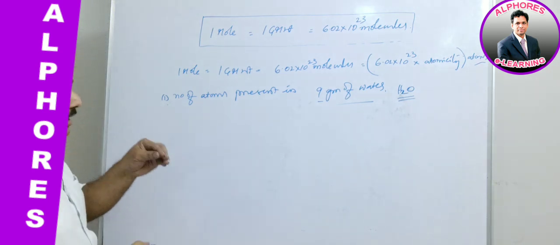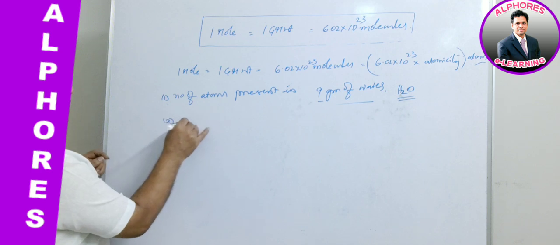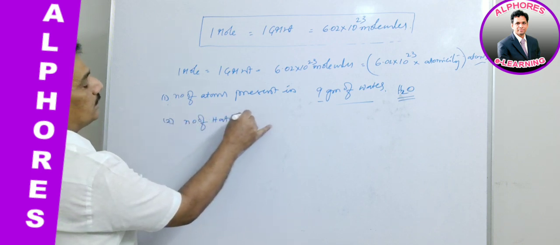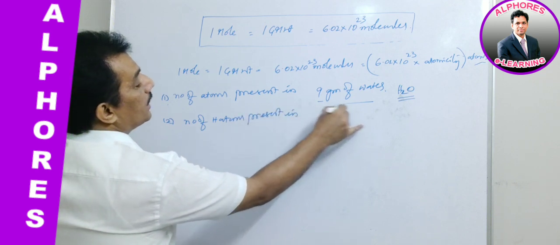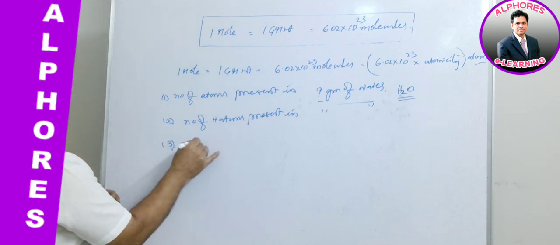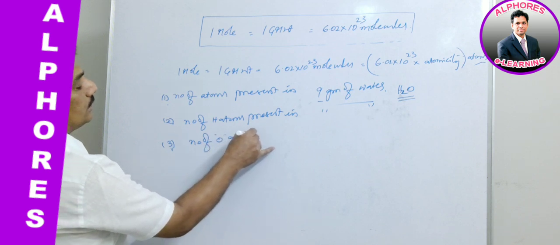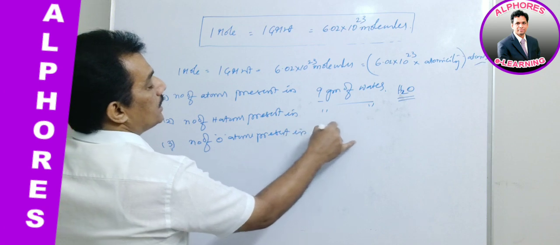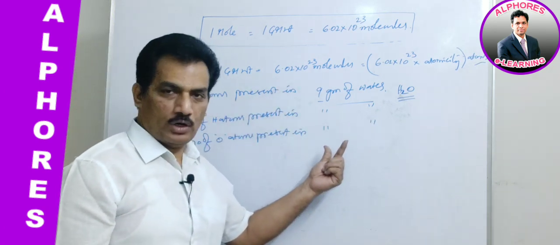In case they slightly twist the question, they may ask the number of hydrogen atoms present in 9 grams of water, or the number of oxygen atoms present in 9 grams of water, like that. All these levels are moderate.